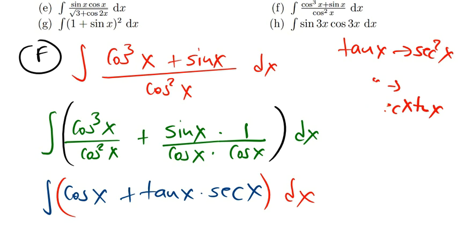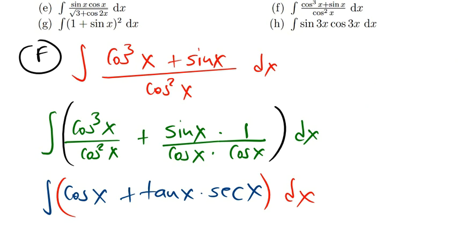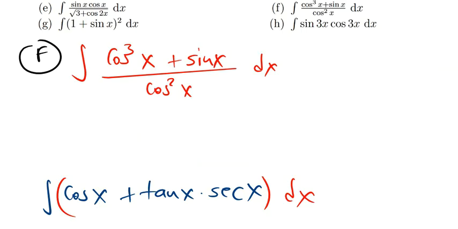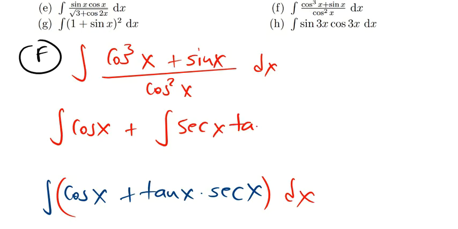Okay, so is it possible that we can actually integrate directly at the point where we've reached? Yes, very possible. So the integral of cosine of x is known, so is the integral of secant of x tan of x. This is also known.